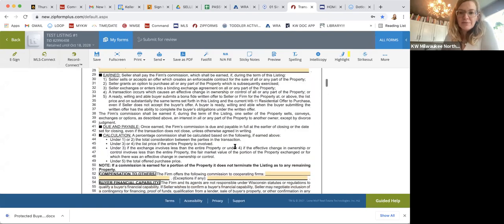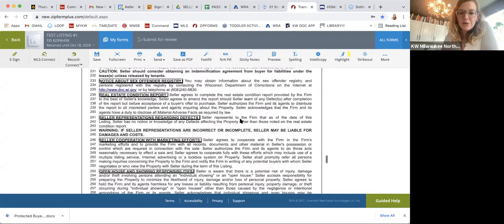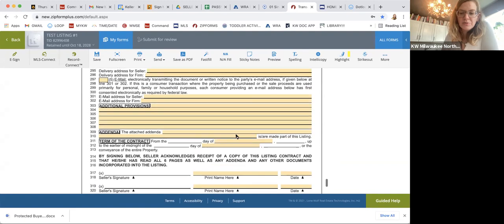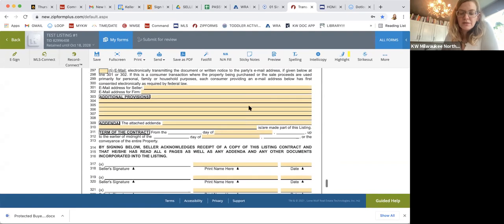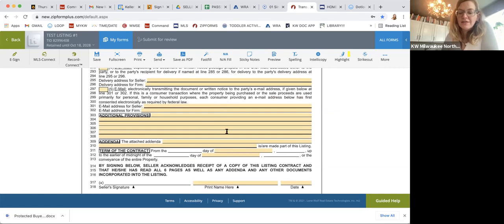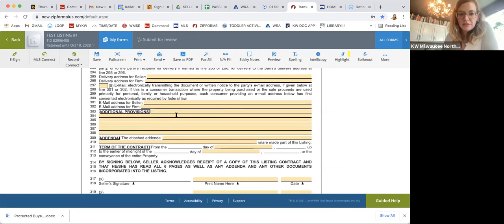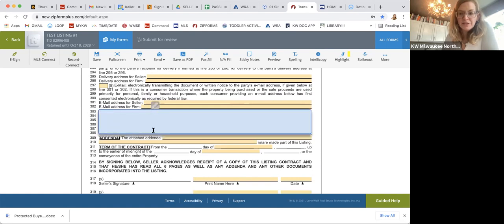You need to have names of interested parties who potentially want to see this property prior to the execution of this listing contract. You're going to name any single party buyers in the additional provisions. And then you have the authorization for that showing to happen and for that buyer to see the property.